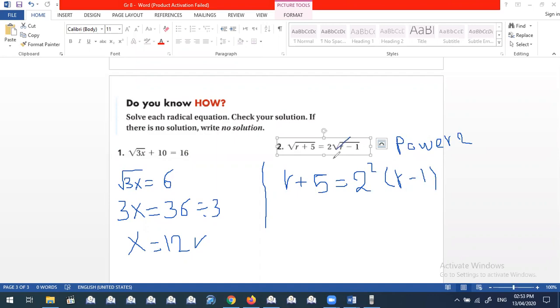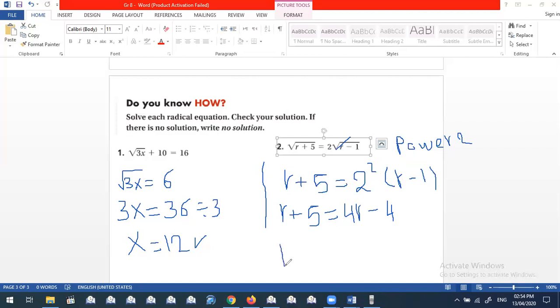Cancel the square root and don't forget to make 2 power 2. So r plus 5 equals 4, since 2 power 2 is 4, multiplied by r is 4r, minus 4 times 1 is 4. Distribute the bracket.